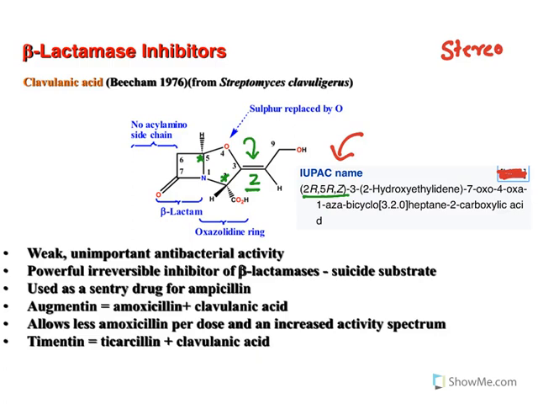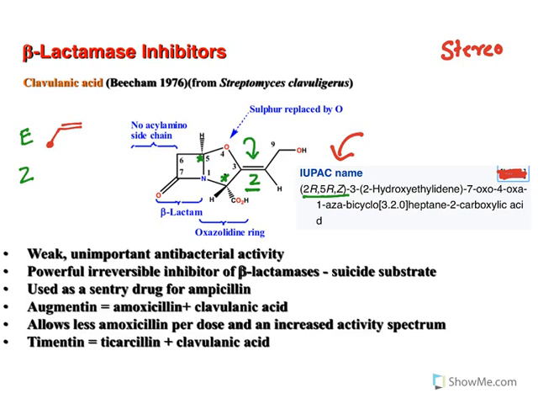Now, geometric isomerism can be in two different configurations, E and Z. When two of the high priority groups are present on the opposite sides of the double bond, it is known as E configuration, entgegen. Whereas when two of the high priority groups are present on the same side, it is called Z configuration.